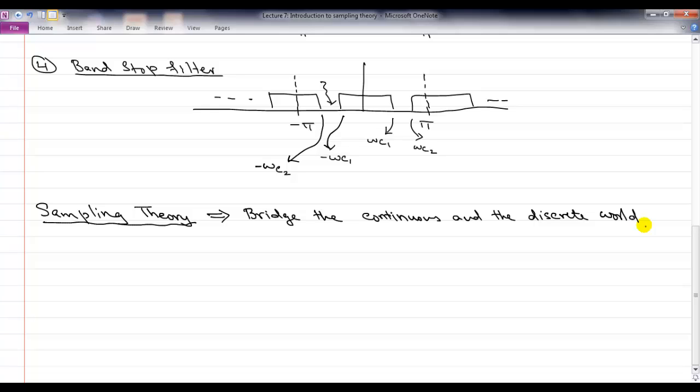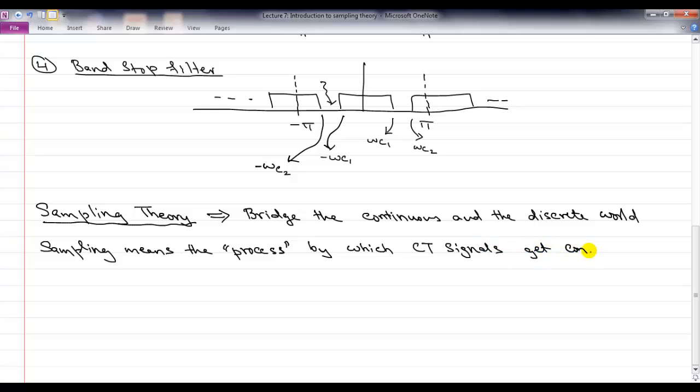So informally speaking, the word sampling simply means the process by which continuous time signals get converted to discrete time signals.